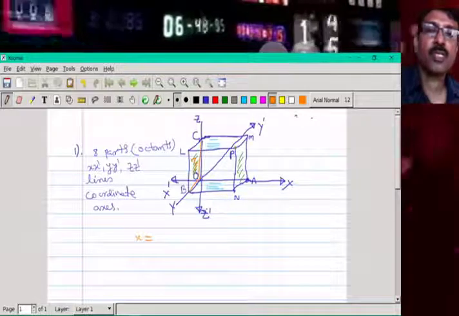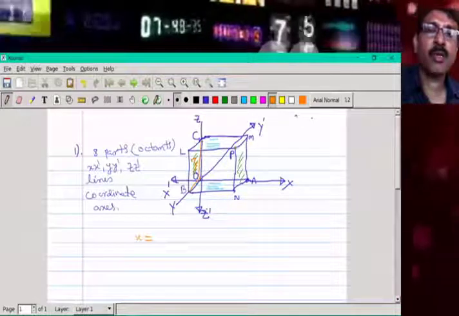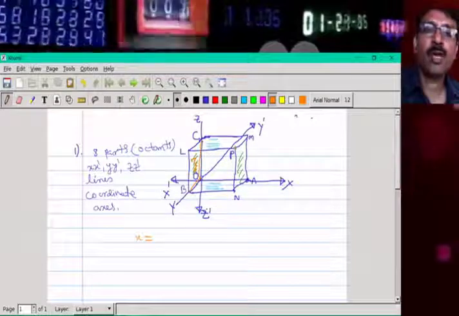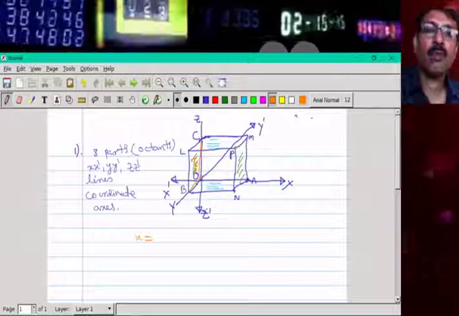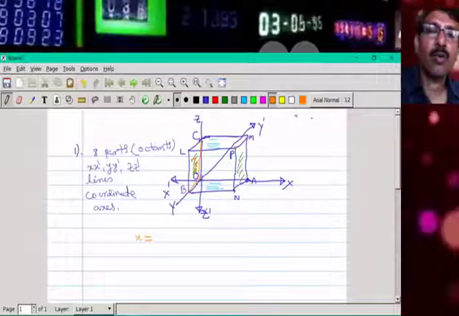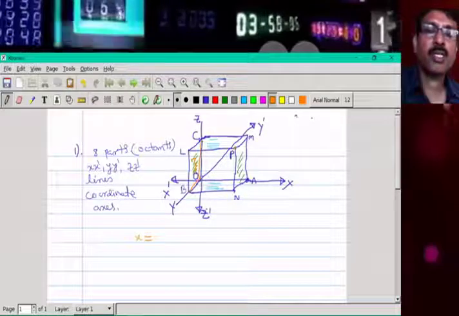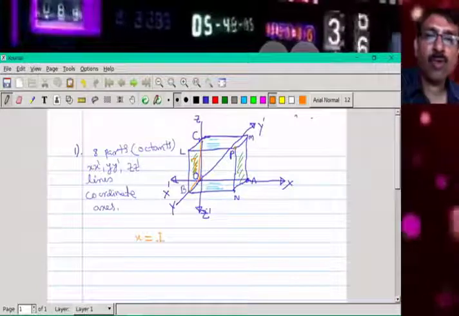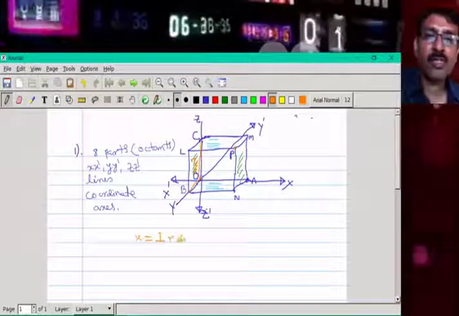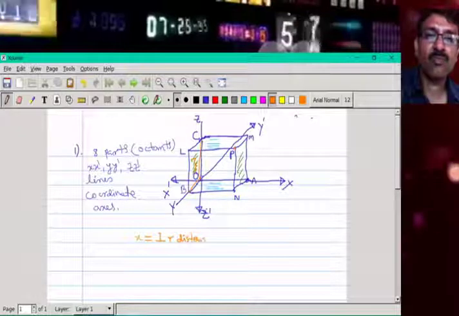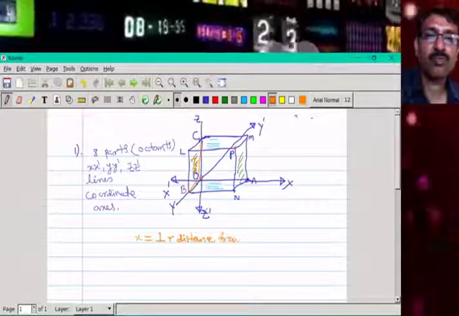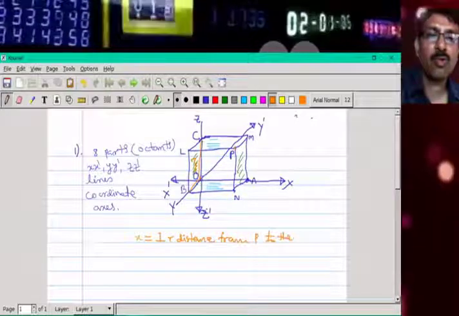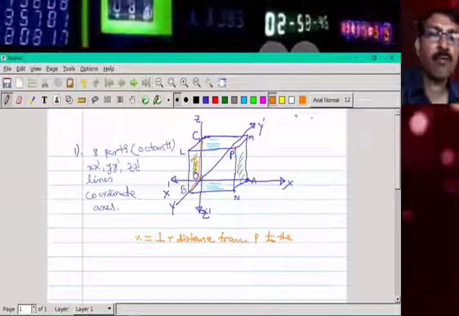So the distance is from P to the plane, the distance OA or AO, equal to the perpendicular distance from P to the yz plane.